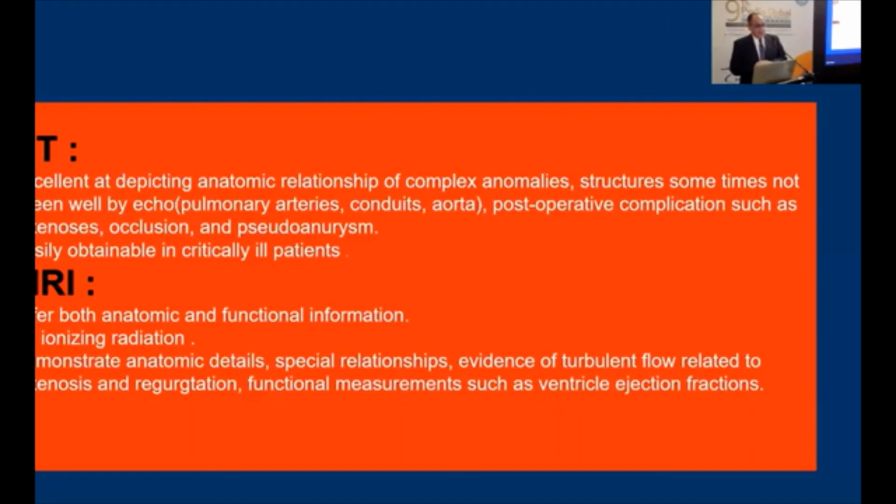MRI gives us more details about the anatomy and functional information, and has the advantage of no radiation in this procedure. It gives us more details and spatial relationships between the structures and evidence about the dynamic flow, which could be related to stenosis or regurgitation, and functional measurements such as ventricular ejection fraction. Thank you.